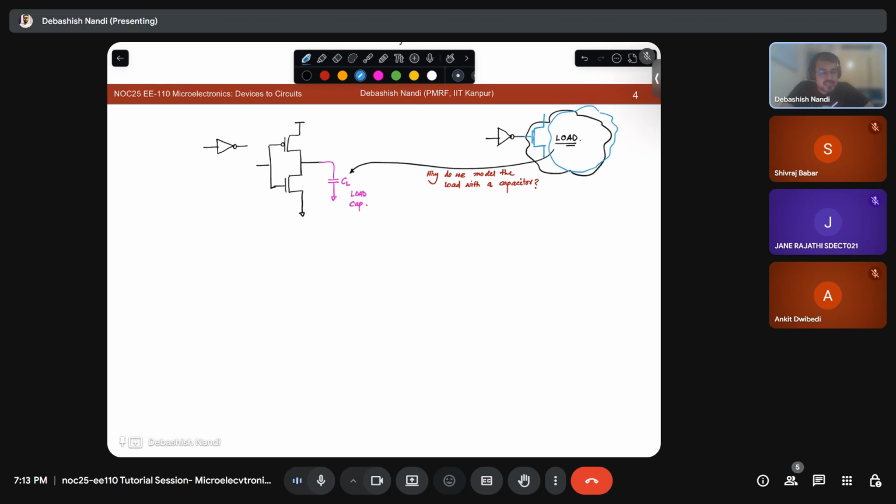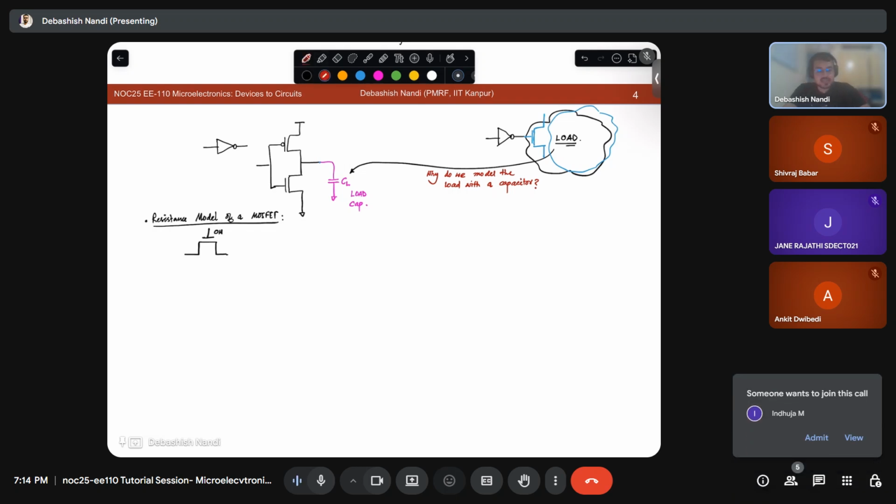And what about the resistances? For example, the resistance model of a MOSFET. Okay, for example, you have an NMOS, and the NMOS is on.